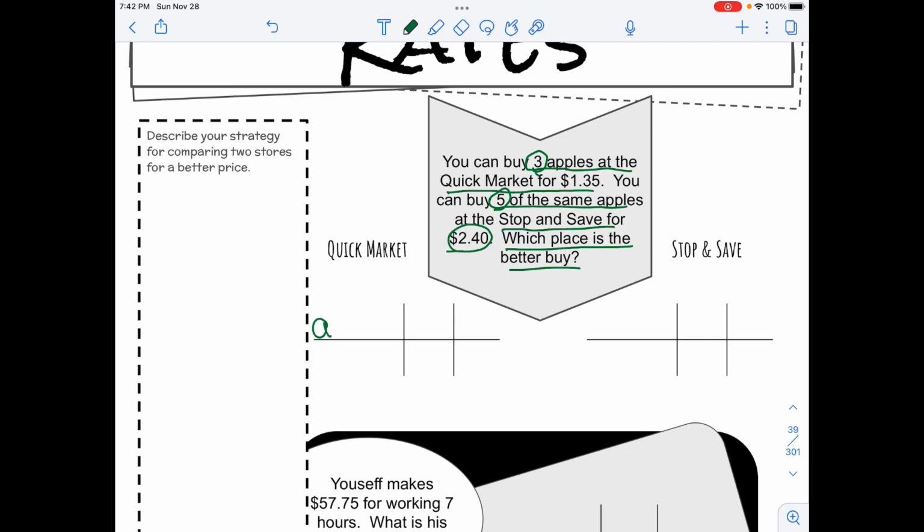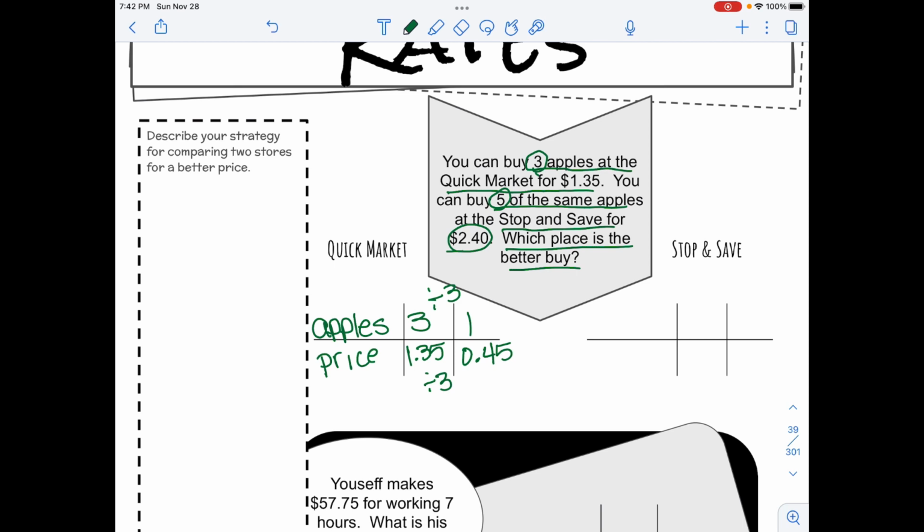So we're doing apples to price. And we have 3 apples at $1.35. Then I need to find the price for 1 apple. So I'm going to divide by 3 and divide by 3, and that is 45 cents.